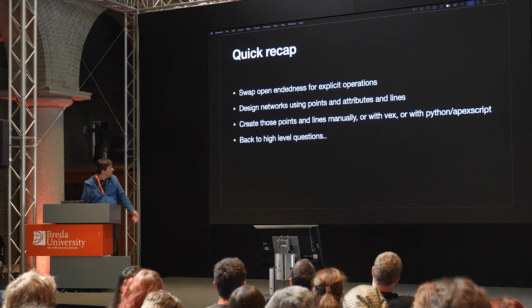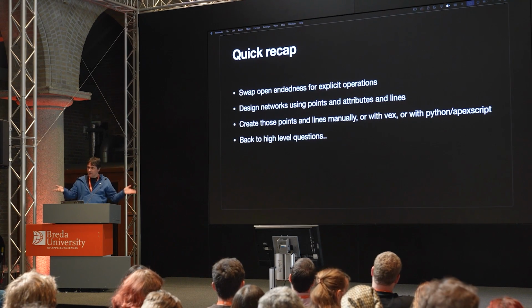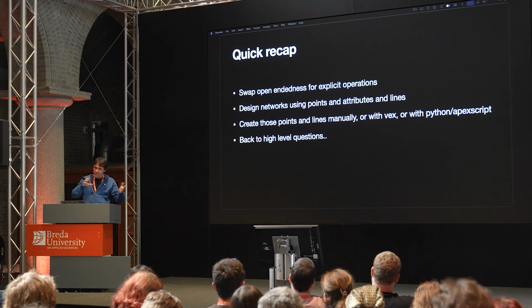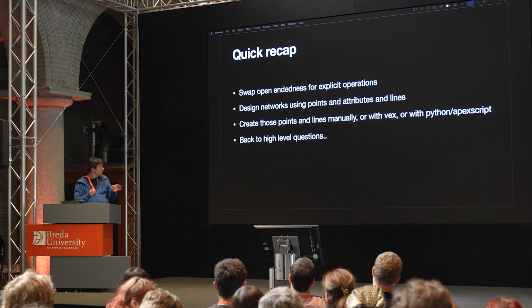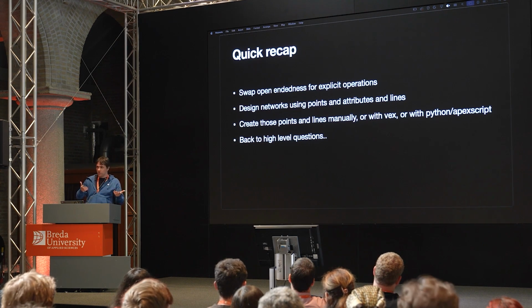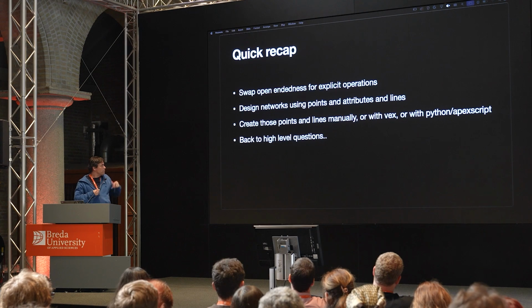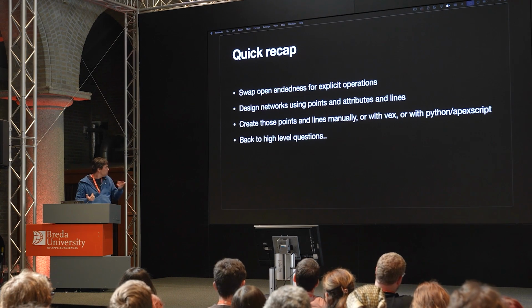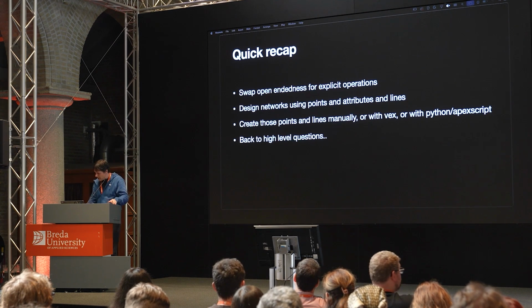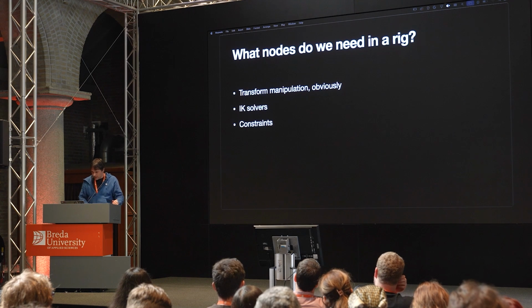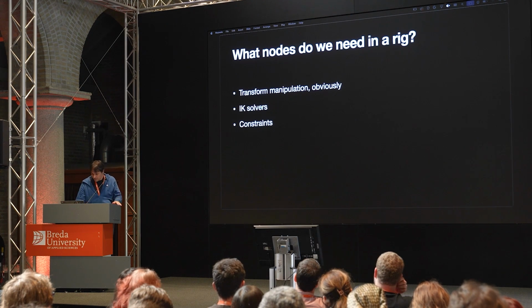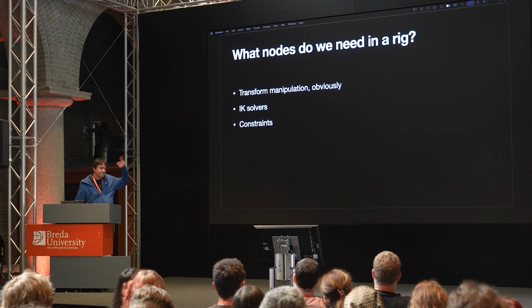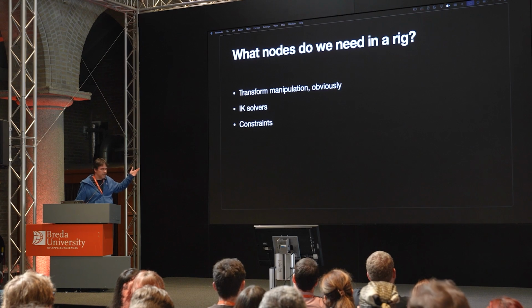So, recap. We've swapped all the open-endedness of SOPsy ways of doing things with this way of being very explicit. We can design networks using points and lines. We can make those points and lines in several different ways. But let's get back to some high-level questions, like, what is needed to make a rig? So obviously, transforms and IK solvers and constraints.